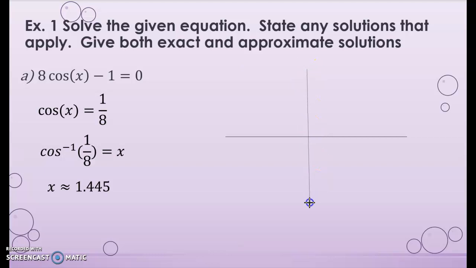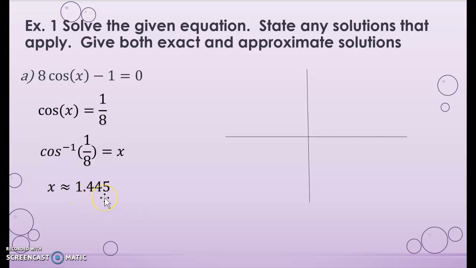So, if we remember, the unit circle is broken into 4 quadrants. This is theta equals 0, this is theta equals pi, and this is theta equals pi over 2. Now, pi is about 3.14 in radians.